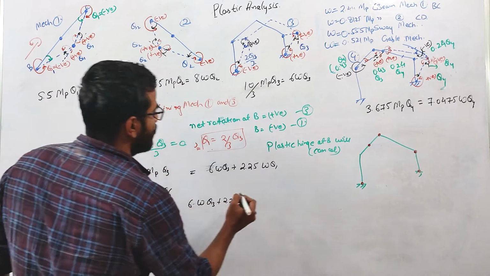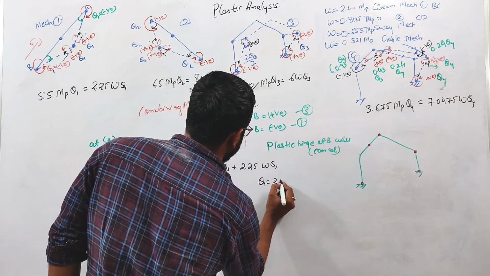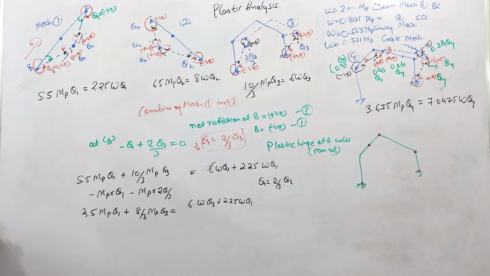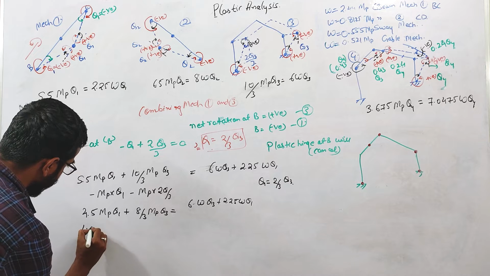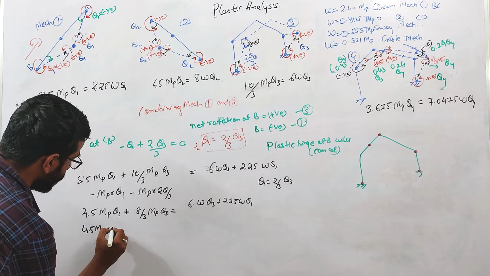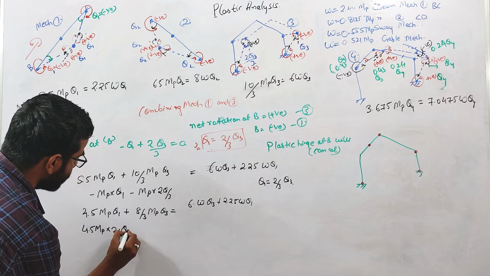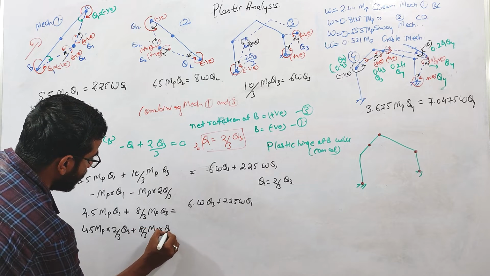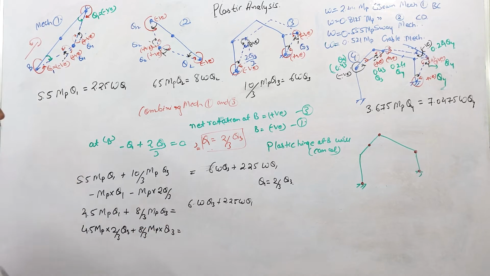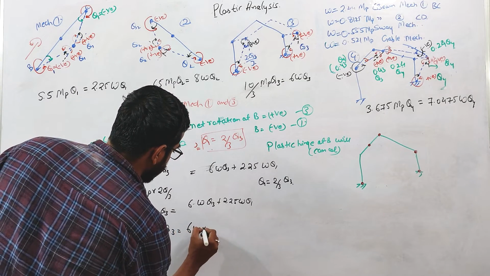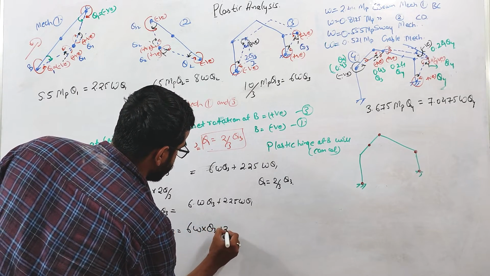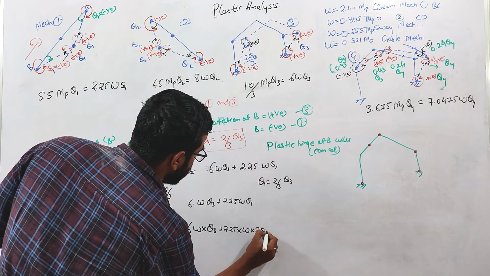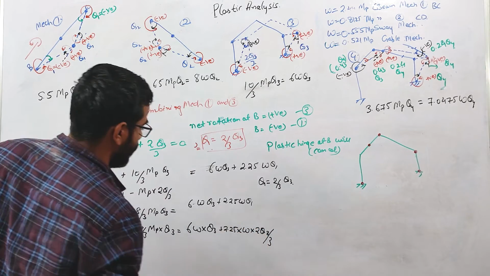Now we'll use the condition theta 1 equals 2 by 3 theta 3, right? So 4.5 MP into 2 by 3 theta 3 plus 8 by 3 MP into theta 3 equals 6 W into theta 3 plus 2.25 W into 2 theta 3 by 3.